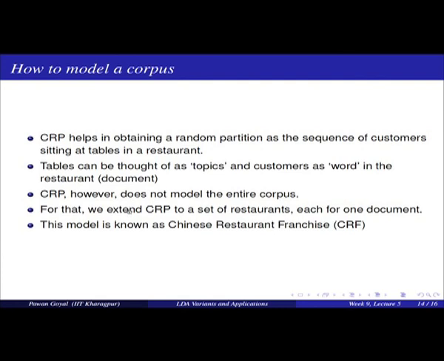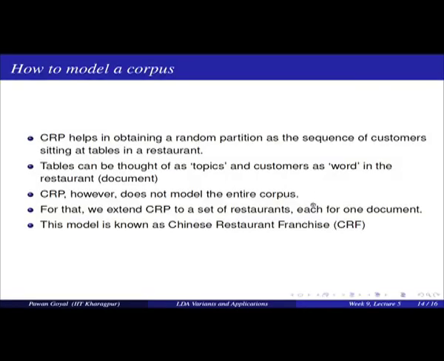For that, we can extend the CRP to a set of restaurants, that is, defining each document as a separate restaurant. This is called the Chinese restaurant franchise. So now we are going from the Chinese restaurant process to the Chinese restaurant franchise. This franchise has a lot of restaurants, and that's how we will connect the different topics. Let us see how we connect them.